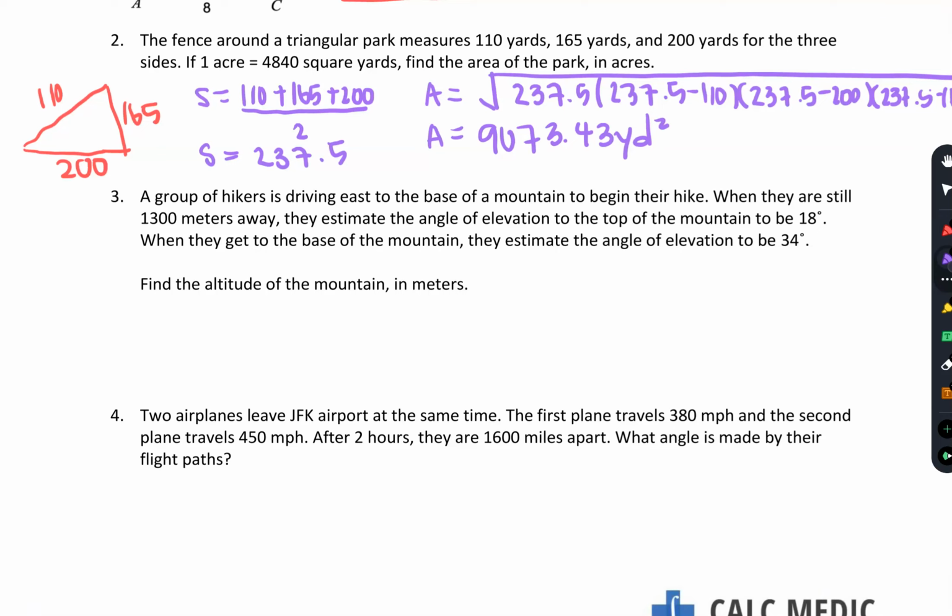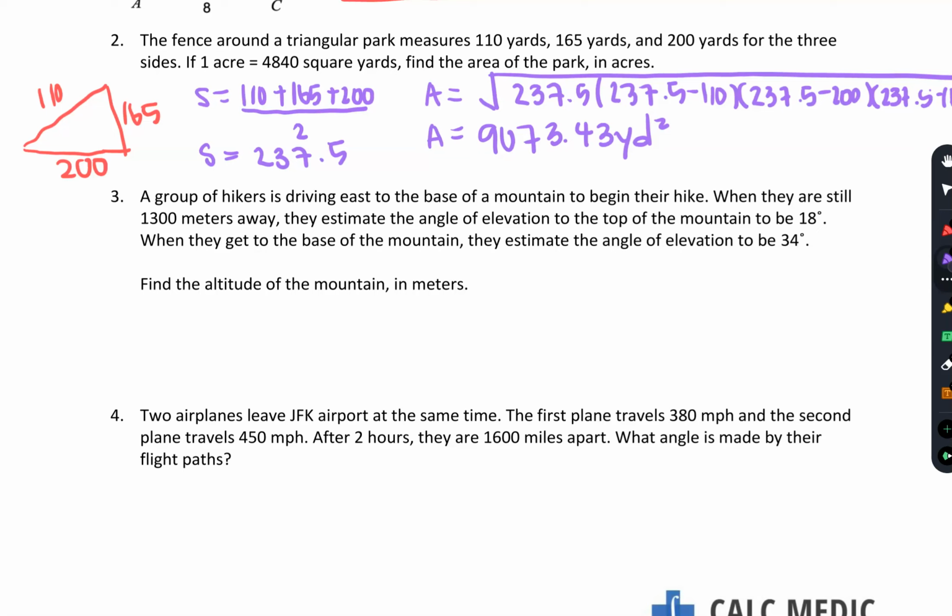Good. Okay. And then now I want to put it in acres. Okay. So it wants the area in terms of acres. So what am I going to do there with that value, 9073.43? I'm going to divide it by the acreage, right?